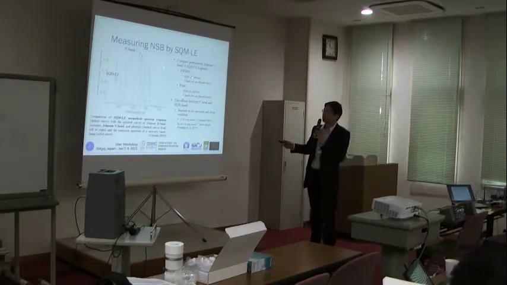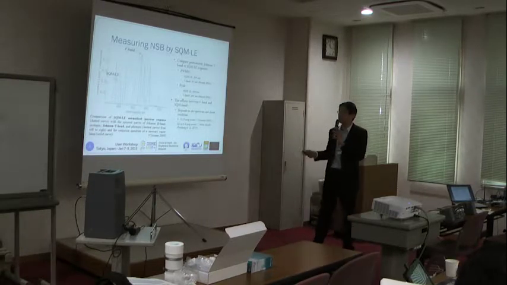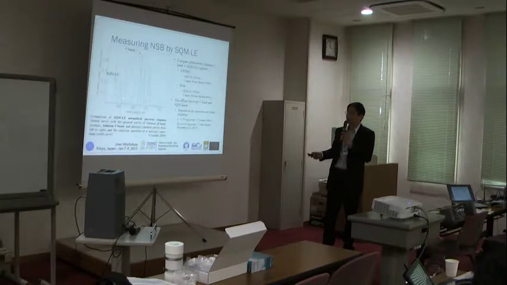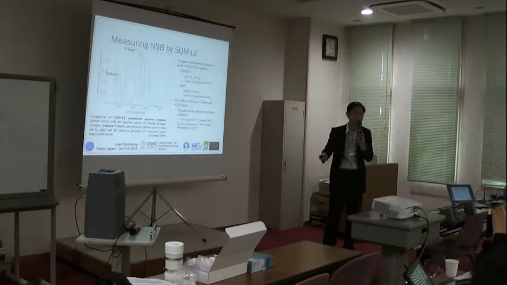So we see that the full width of the SQM-LE is quite large compared with the V-band filter, and the peak wavelengths are similar. The peak wavelength of the SQM-LE is 540 nanometers, and the V band is about 545 nanometers. So you see that the responses of the SQM-LE and the V band are quite different.